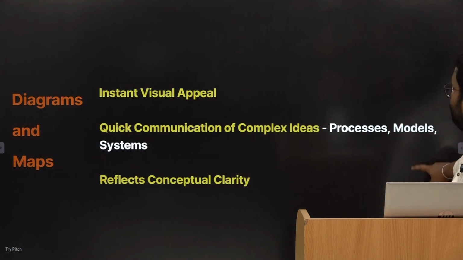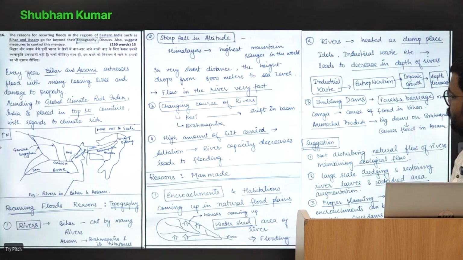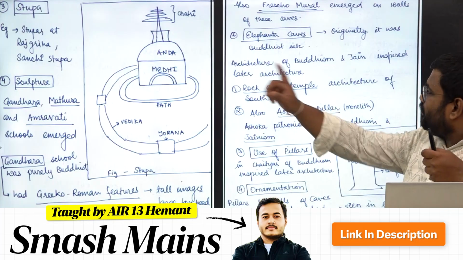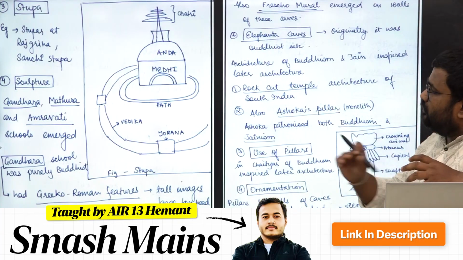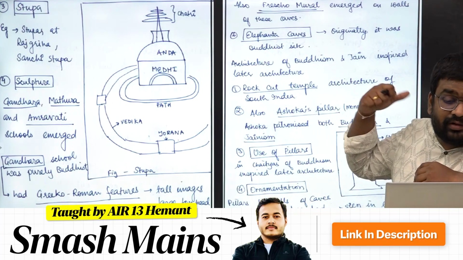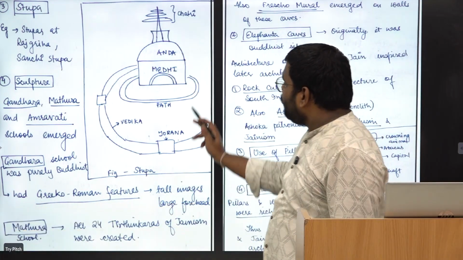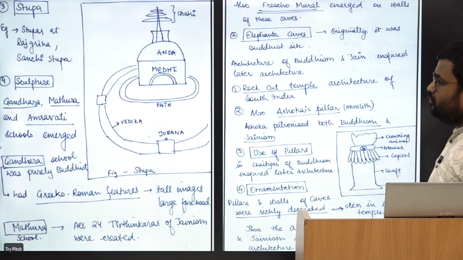So here if you see the answers, for example, when the question was on stupa and the pillars, this is the preciseness with which he had drawn the diagram.